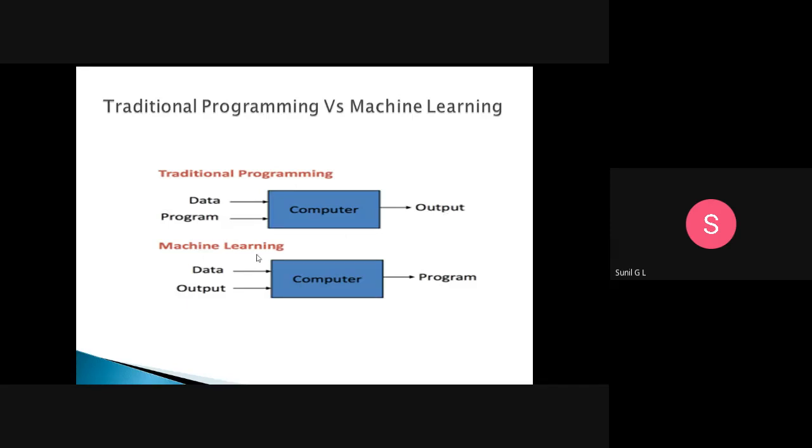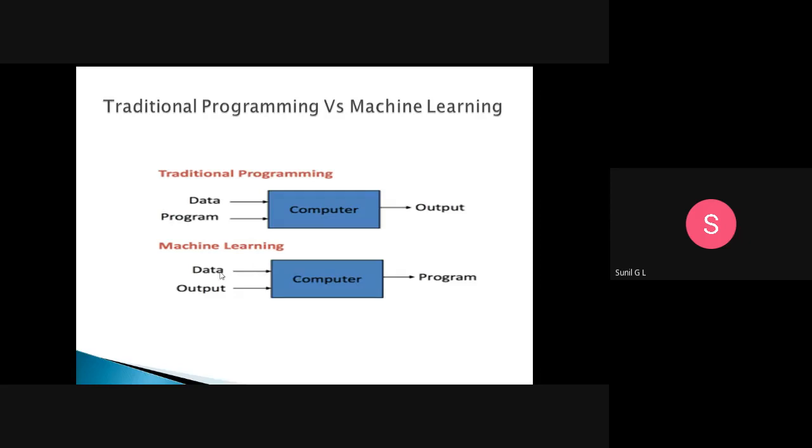In machine learning, we give the data and we give the output, and the computer will generate a program. Here I give the data 10, 20, and the output 30. The computer checks which program it needs to generate.